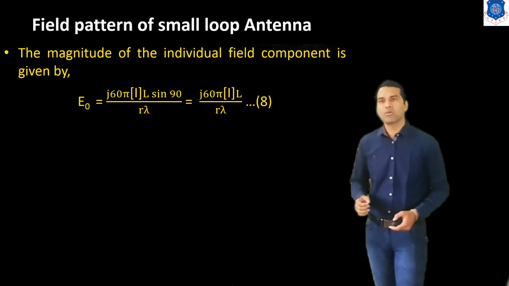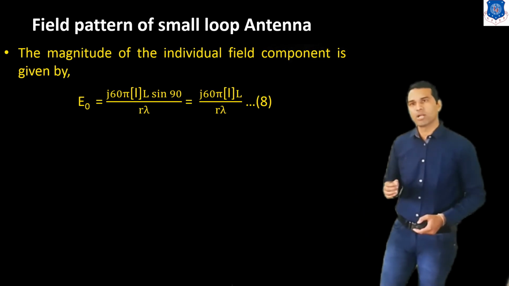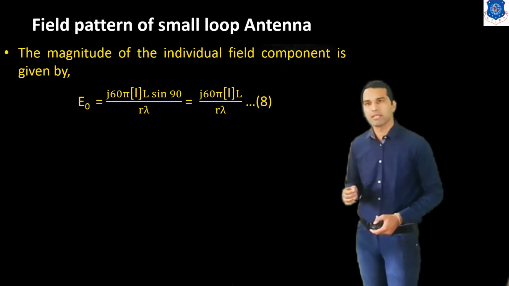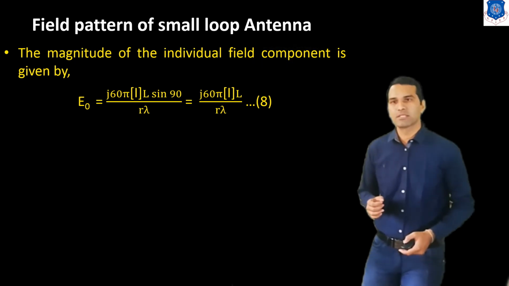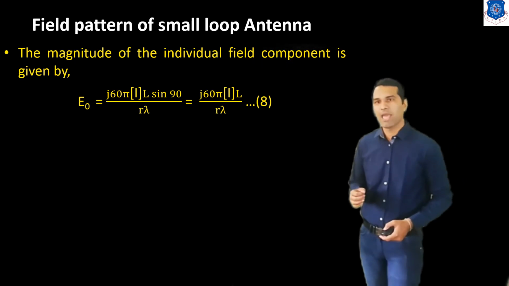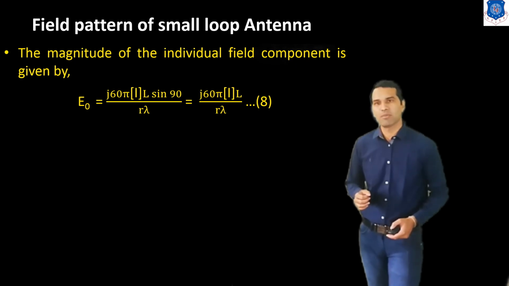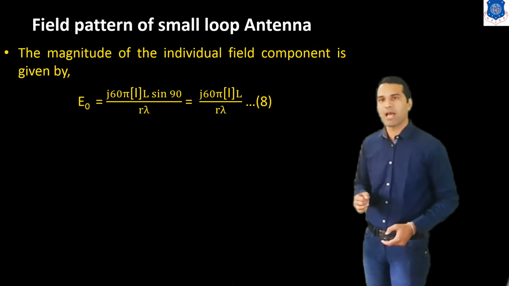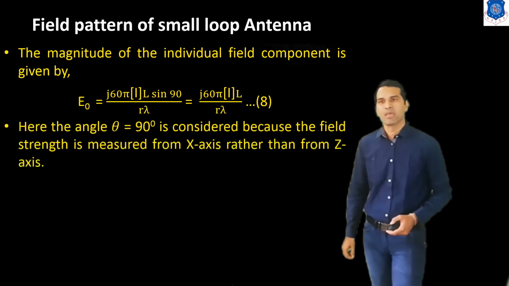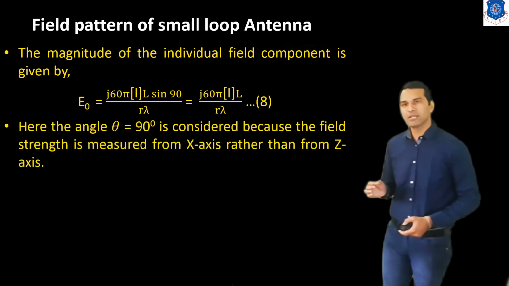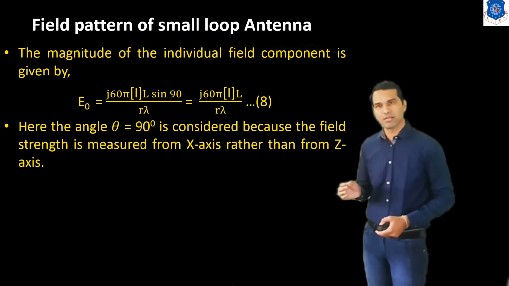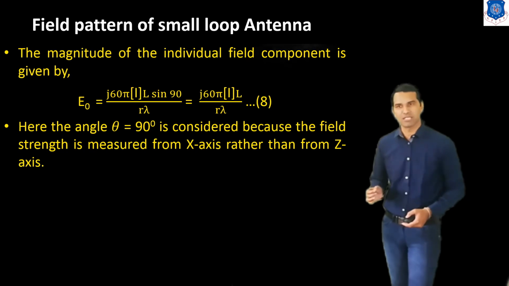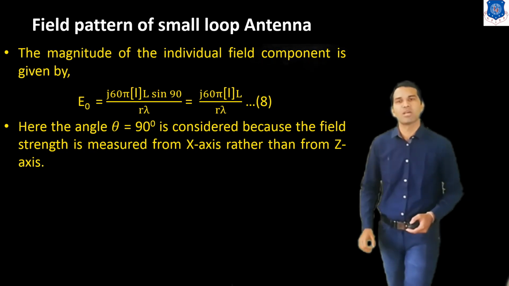The magnitude of the individual field component is given by, so we can write the magnitude of the E component as j 60 pi IL sin 90 upon R lambda. So we can write the magnitude as j 60 pi IL upon R lambda. The angle theta is considered 90 degrees because the field strength is measured from the x-axis rather than from the z-axis.